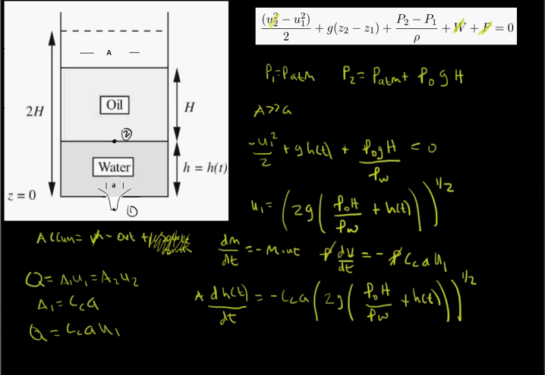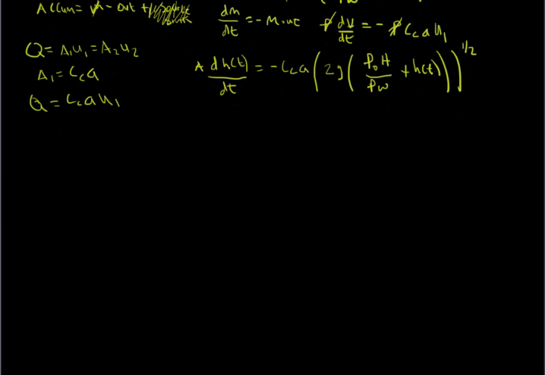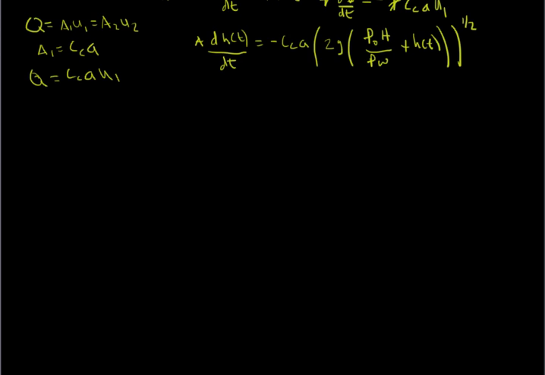Now we need to separate and integrate. I'm going to multiply the dt over to this right hand side, and divide this entire expression over onto this left hand side, and then pair things that I can pull out of the integral.